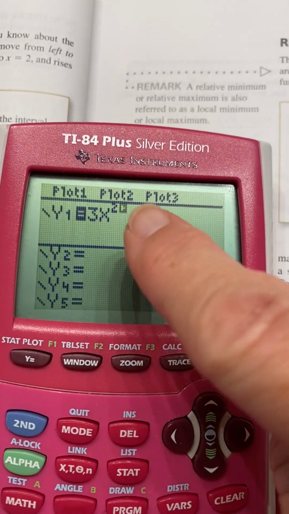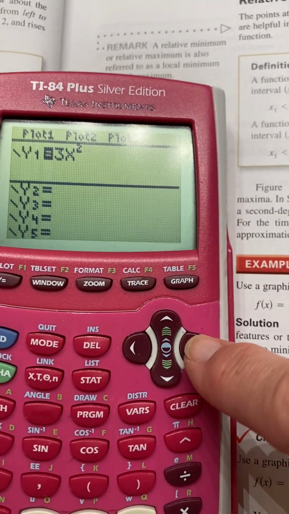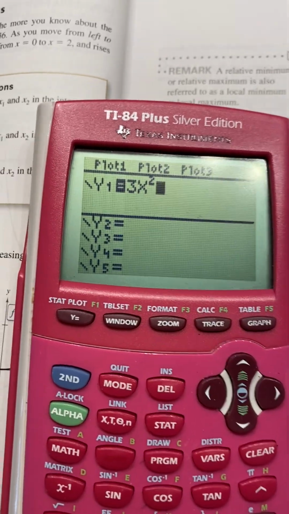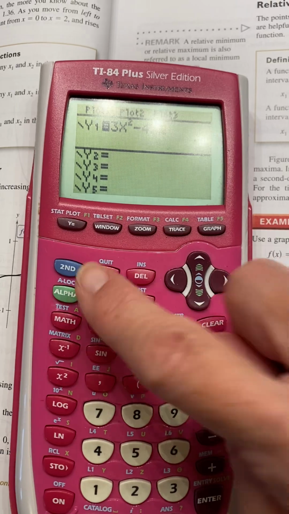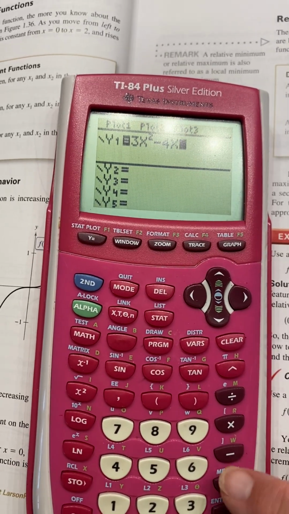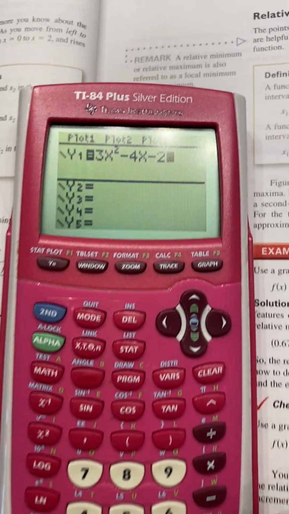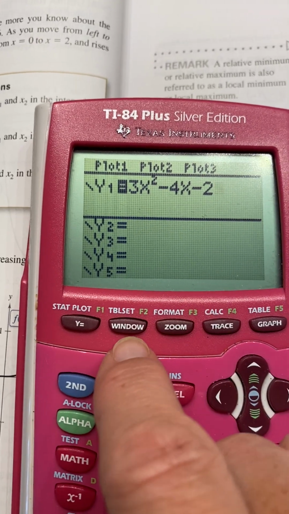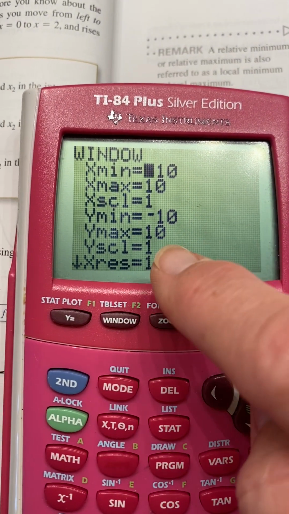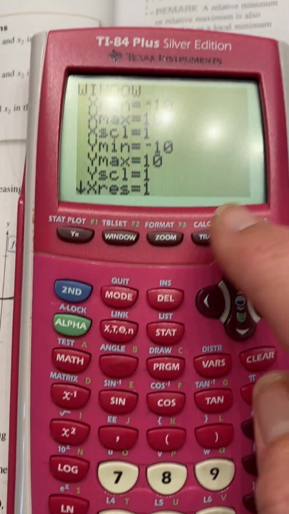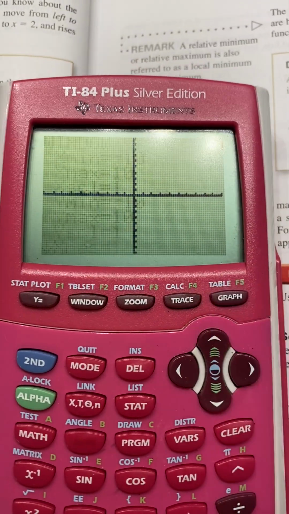Do you see how my cursor is up in the exponent, so I have to cursor over, minus 4x minus 2. Now, I want to look at my window. The normal window is from -10 to 10, and I have that. So I'm going to graph.